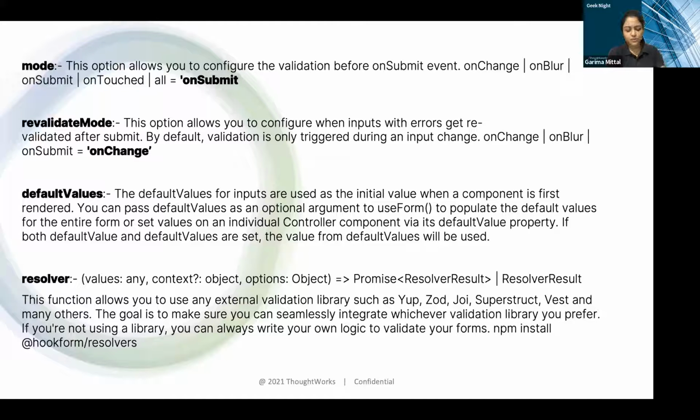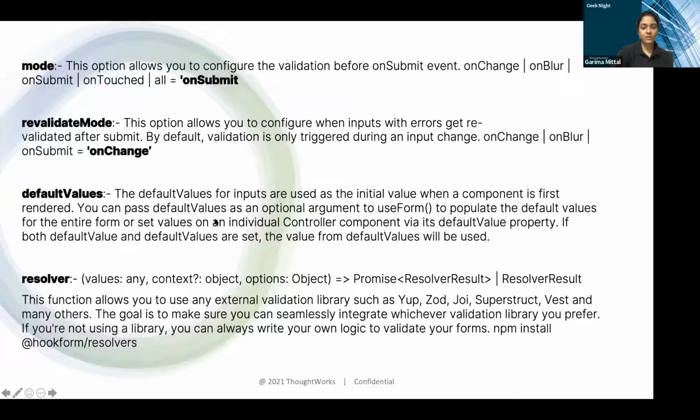Revalidation mode. Suppose you have clicked on the submit button, your form is being validated, and one of the fields fails the validation. Now your revalidate mode comes into play. The field which failed the validation is going to be revalidated again, because the user is going to type again. This revalidation mode can be onChange or onBlur, similar to the mode one.